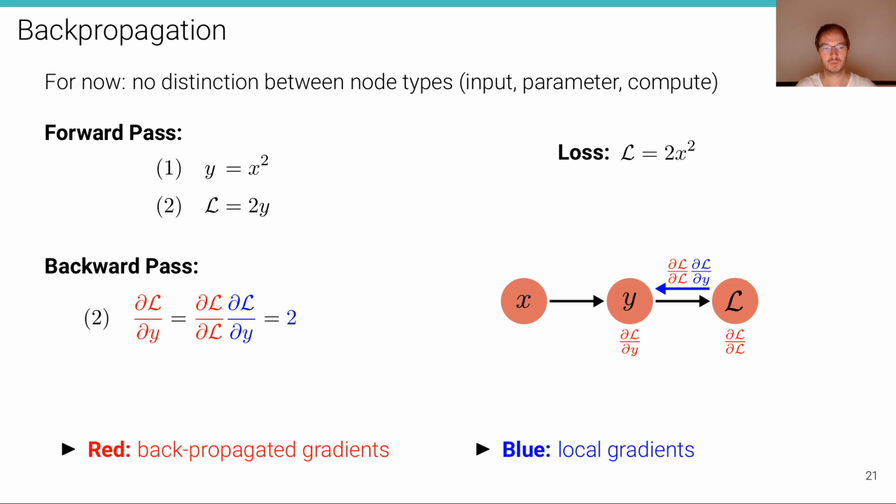And I'm going to use two different colors here for indicating two different types of quantities. I'm going to use a red color for backpropagated gradients, and I'm going to use blue color for local gradients. Gradients that are locally computed based on these assignment formulas here, based on the local functional form that is present at a particular node.